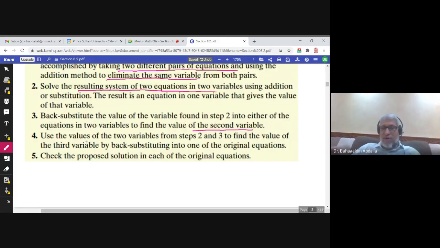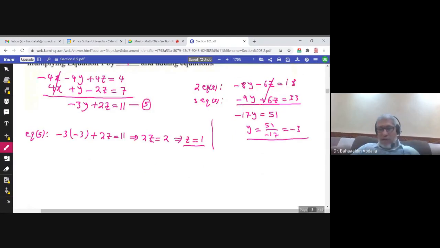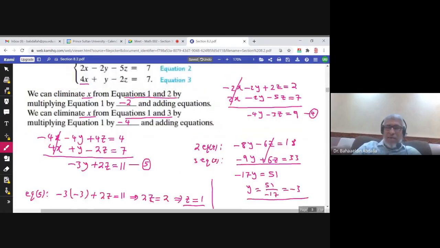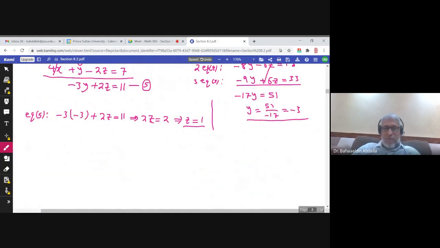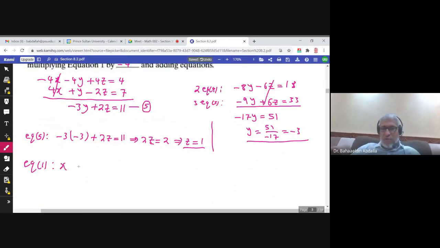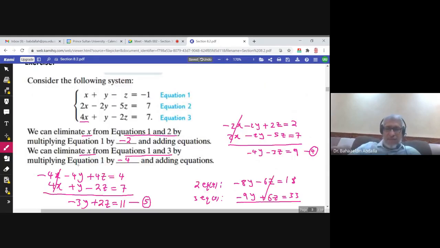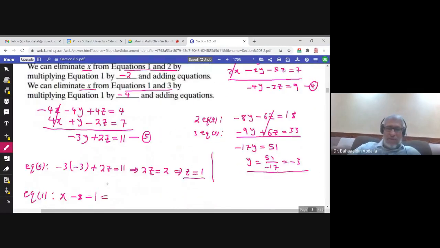Now use the values of the two variables, y and z, to find the value of the third variable by back substitution. So use y and z in any of these equations. For example, I'll use equation 1. So from equation 1, what do I have? I have x plus y, but y is negative 3, minus z, but z is 1, equals negative 1.